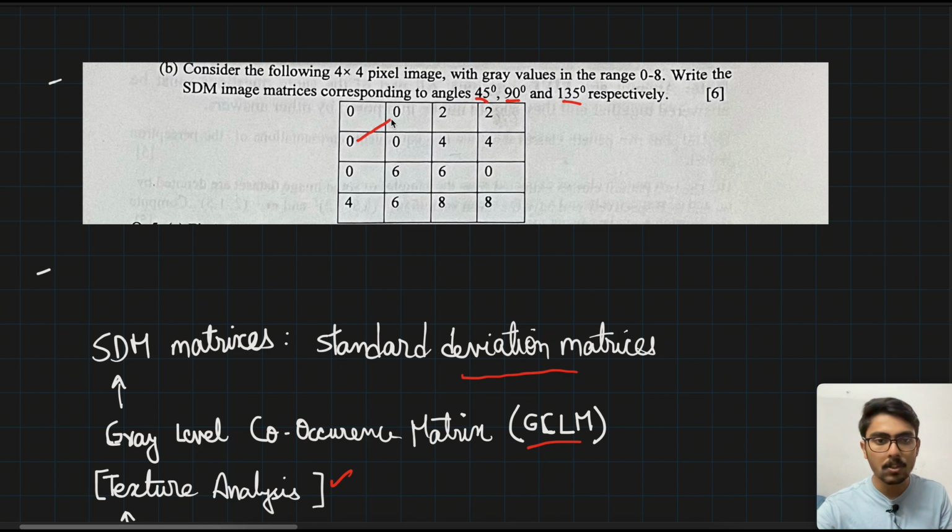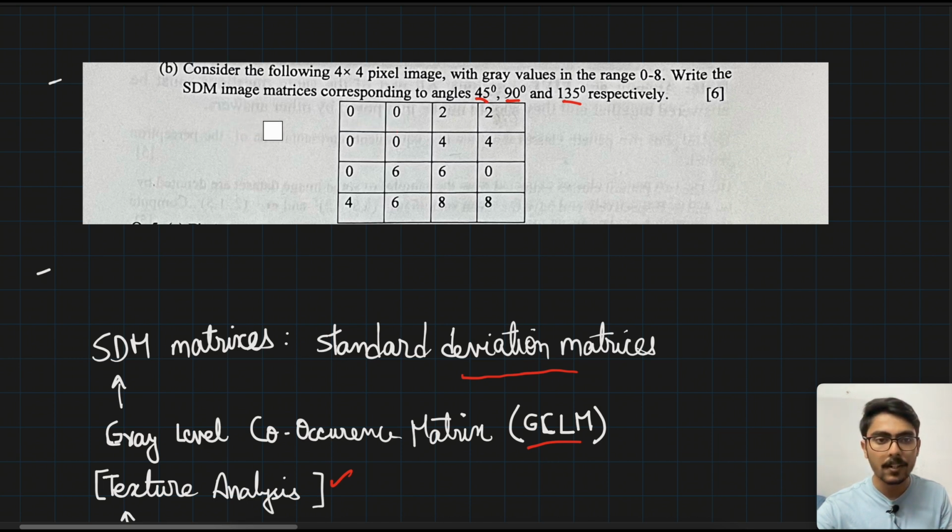Moving from this 0 to this 0, we are going at 45 degrees. Similarly, in this other direction, we have the horizontal and this direction, so this is also an anti-clockwise movement, and again here it will be 45. So you see that 45 occurs 2 times between 0 and 0.